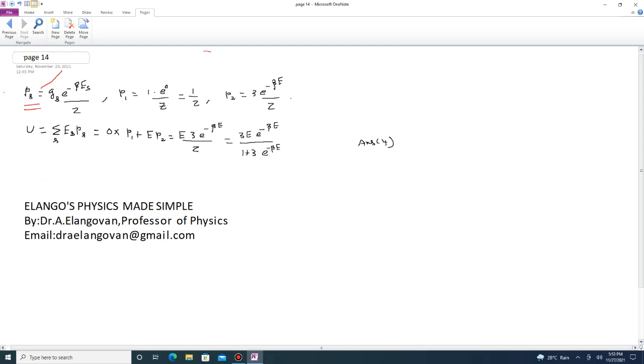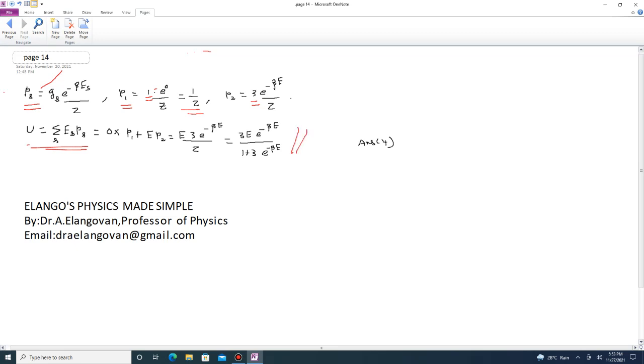PS is equal to GS e power minus beta ES by Z. For P1 the degeneracy is 1, so this is the first term, which is equal to 1 by Z. For P2, G2 is equal to 3, and the energy is E. So using P1, P2 and the expression for Z, U, the average energy, is evaluated using this expression: 0 times P1 plus E times P2. Substituting for P1, P2, we get 3E e power minus beta E divided by 1 plus 3 e power minus beta E.